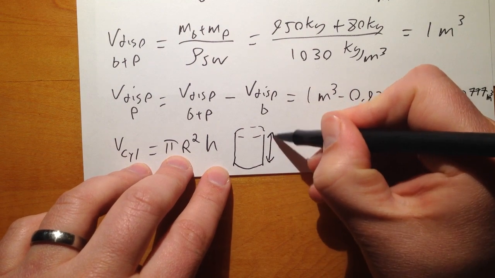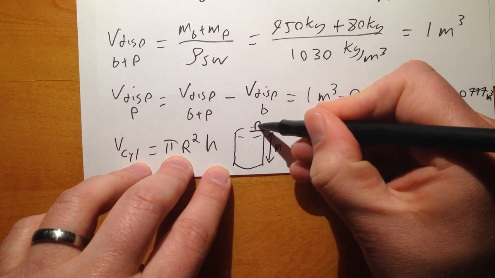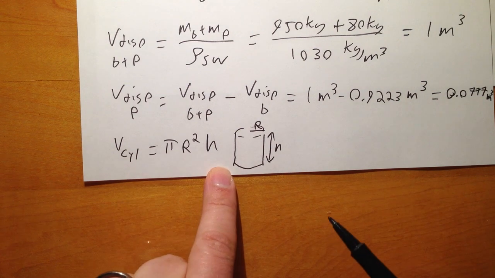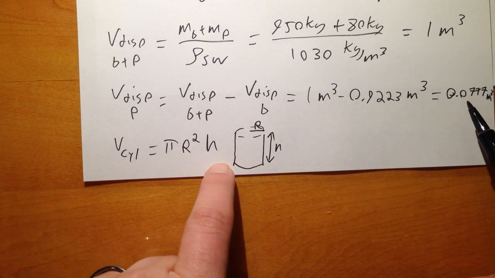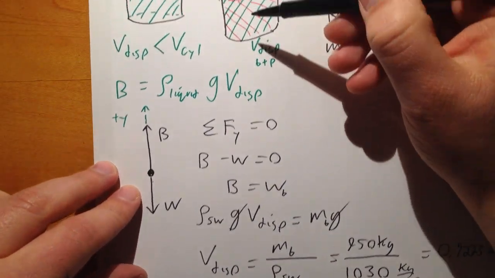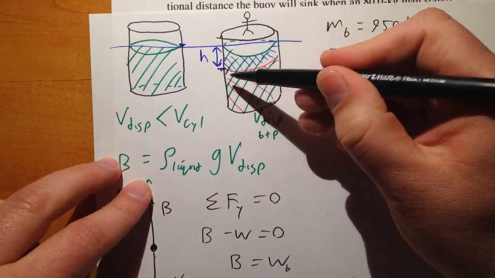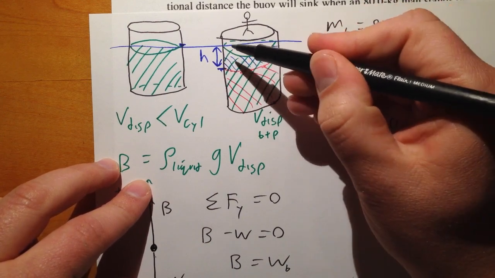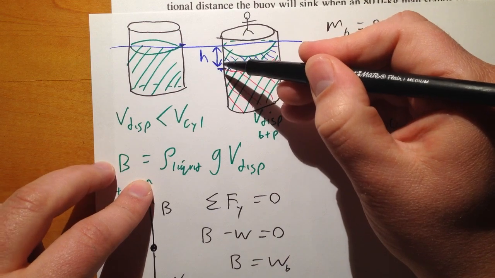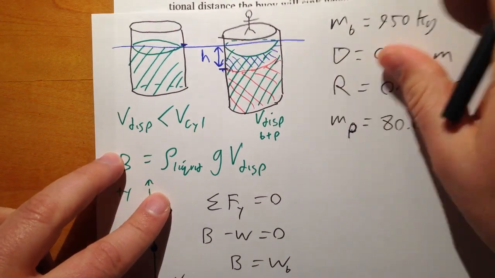If this distance is h and this is r, the volume is pi r squared h. As the person got on the buoy and it sank a little bit, we have a cylindrical volume of water with a side length of h and an area of pi r squared.